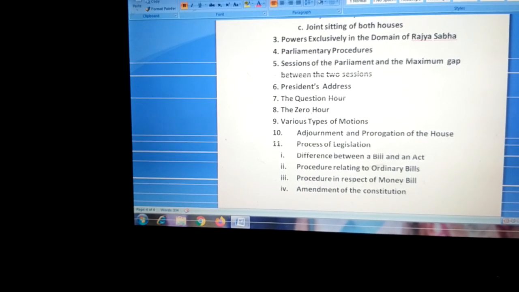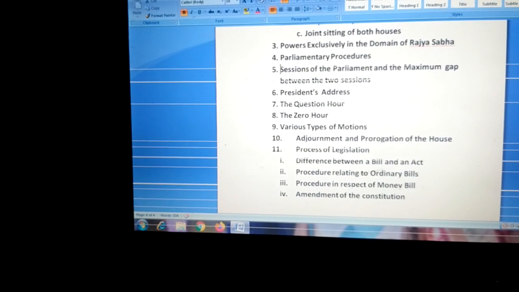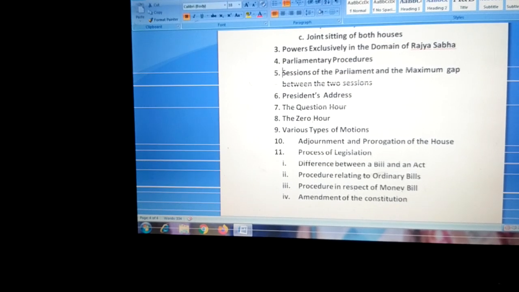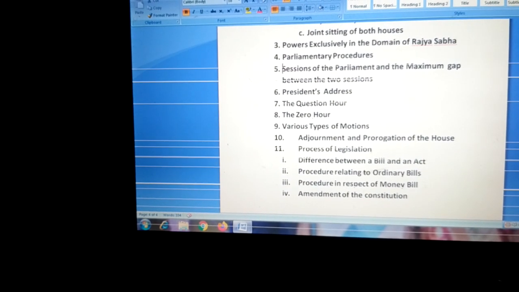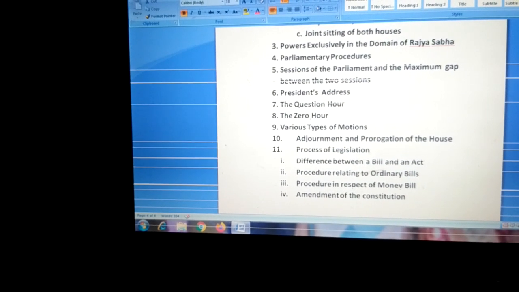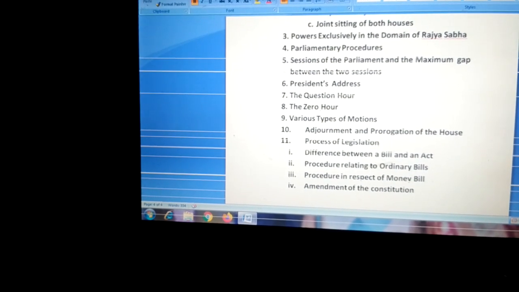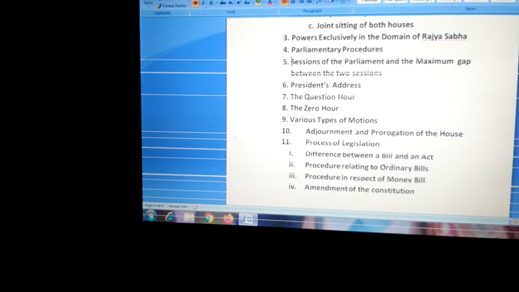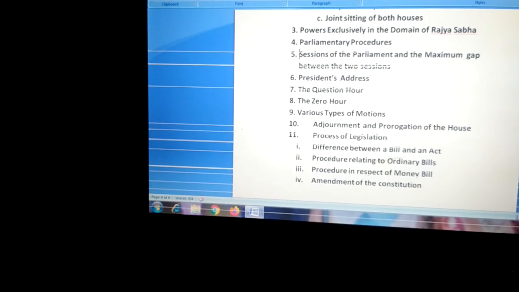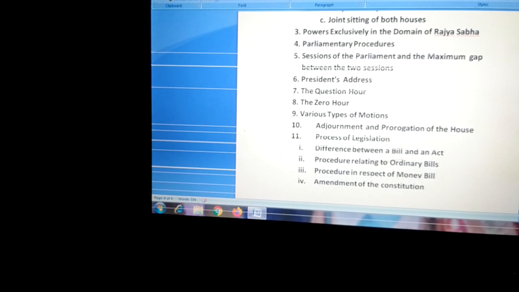A question must not ordinarily exceed 150 words. If you are a parliament member, you cannot ask a question exceeding 150 words. A member has to give 10 clear days' notice of a question. If you want to ask any question, you have to give 10 clear days' notice.